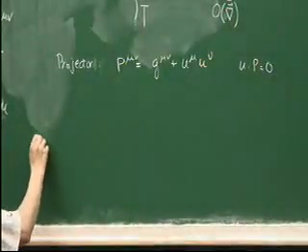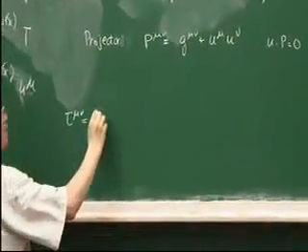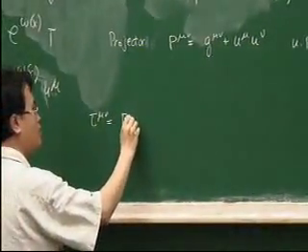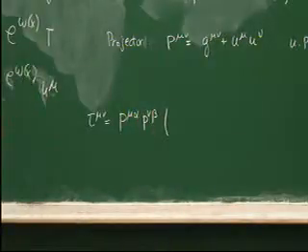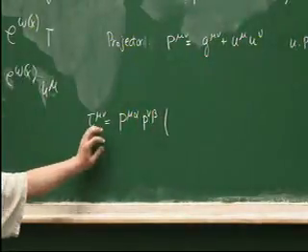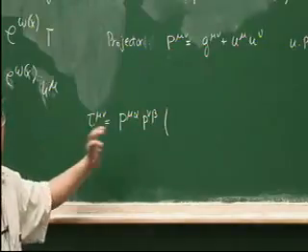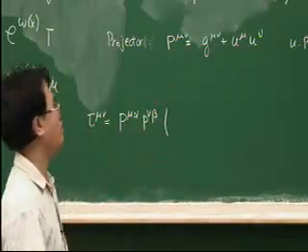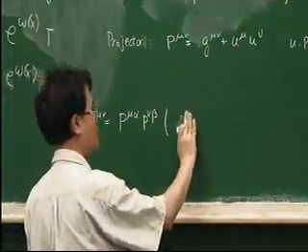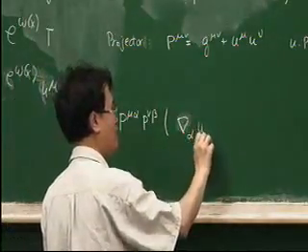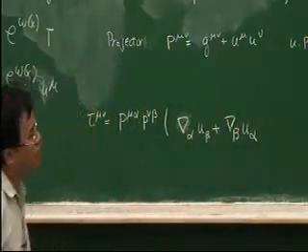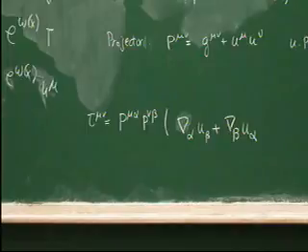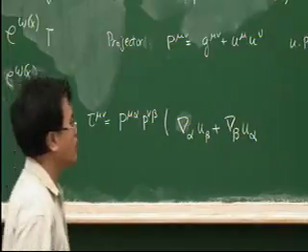And from Lorentz invariance, the only thing I can write is p mu alpha, p mu beta. Okay, so I projected so that tau mu nu is perpendicular to u. And then here I can write things like alpha u beta, beta u alpha. I have to make sure that the stress energy tensor is symmetric.